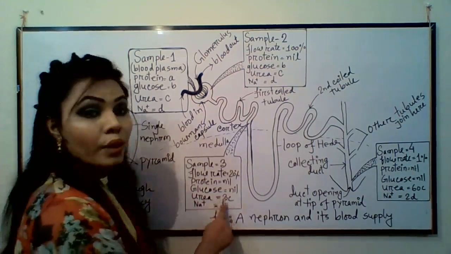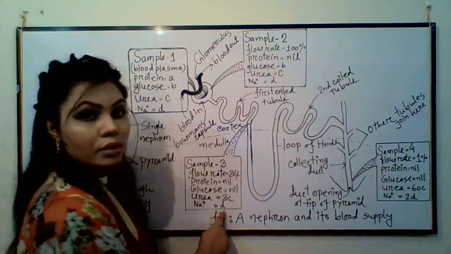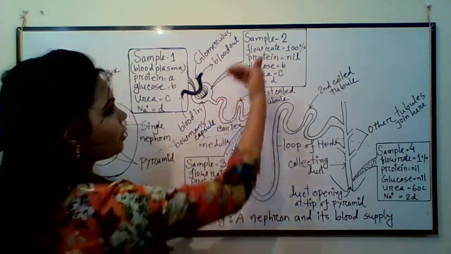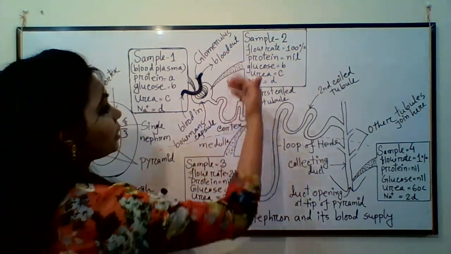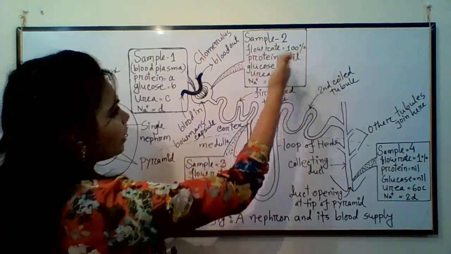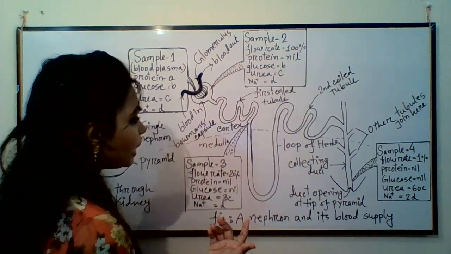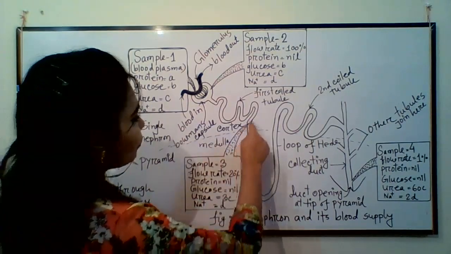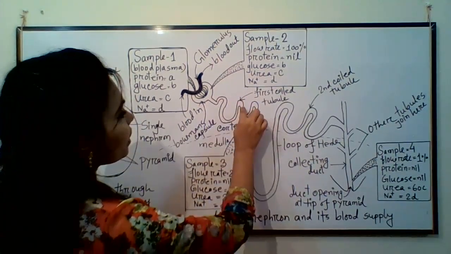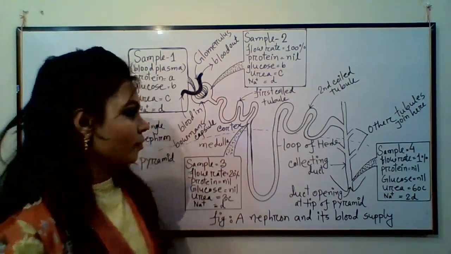And the urea is 3C, 3 times more concentrated, and sodium ion the same, only D. So what is the difference between sample 2 and sample 3? The flow rate becomes 20% from 100%, and besides the protein, glucose is also nil. I mean, in the first coil tubule, the glucose is taken back into the blood.